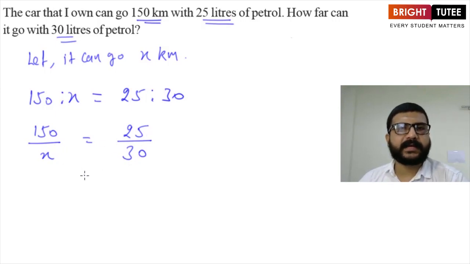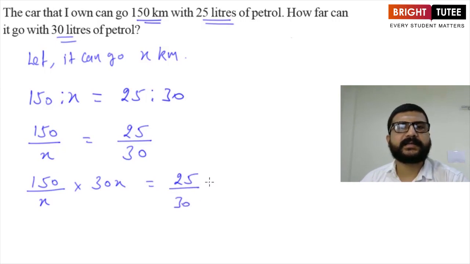Now how to get the value of x from here? What we need to do? First, let's multiply both the sides of equation with 30x. By doing that, we can get rid of denominators. So this will be 150 upon x into 30x is equal to 25 upon 30 multiplied with 30x.